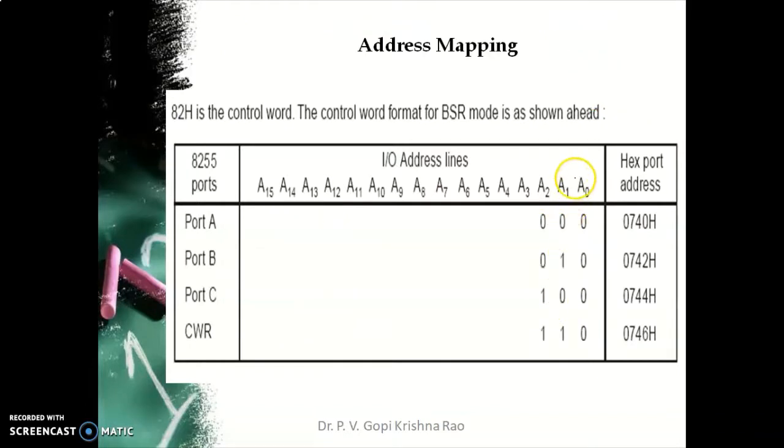With A0 being kept as zero, A2 and A1 are used for forming the address 00, 01, 10, 11. The address requirement is 0740. So what is the lowest address that we have here? 4.